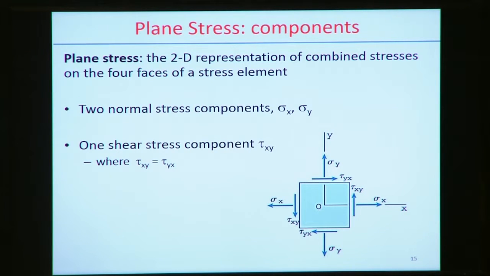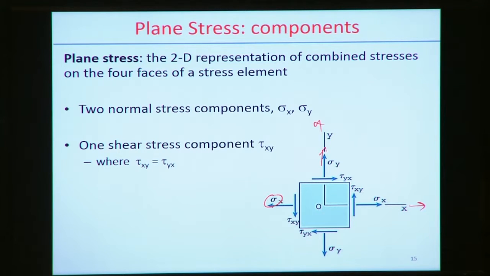Now we consider the plane stress condition. For example, the stress in the third direction is basically 0. So with the plane stress components, this is the element, and we define this as the x-axis and this as the y-axis. Along the positive x-axis, the stress is defined by sigma x, which with this configuration is considered positive.